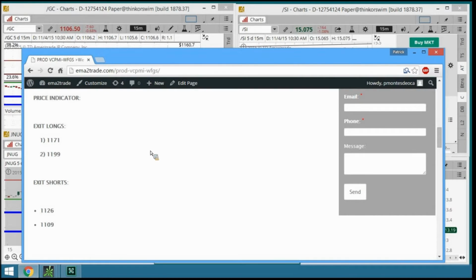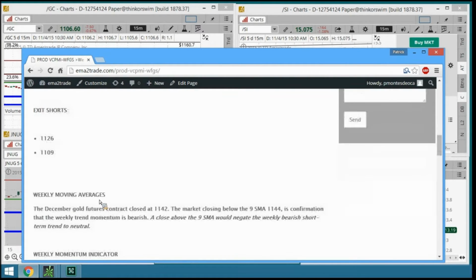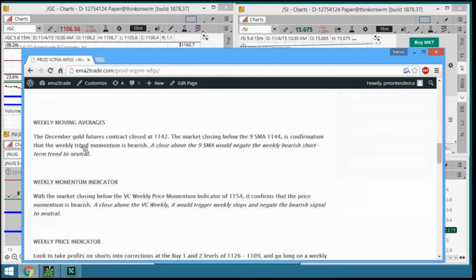And the gold market on Friday closed at 1142, and with the market closing below the 9-day moving average, which is one of the pivot points or indicators that we use to identify the trend, the 9-day simple moving average of 1144, that is confirmation that the weekly trend momentum is bearish.